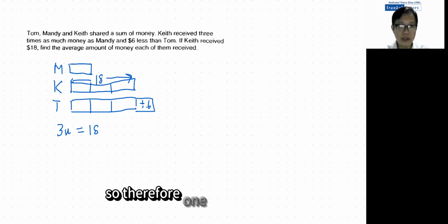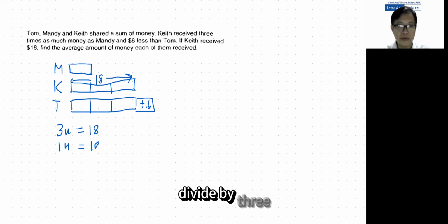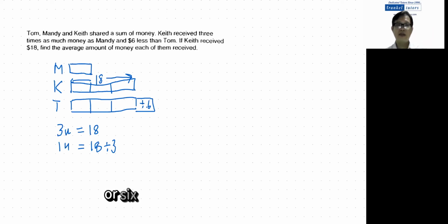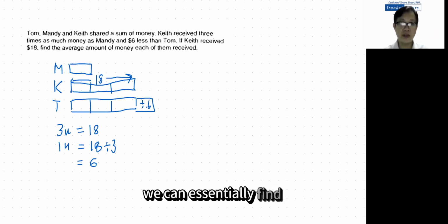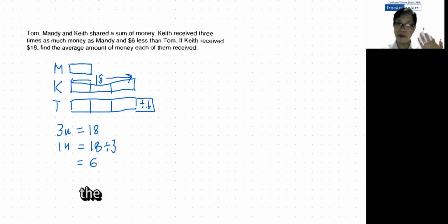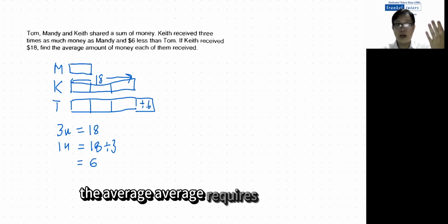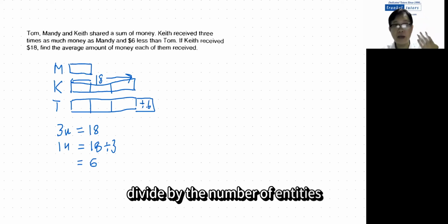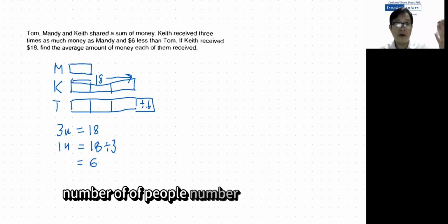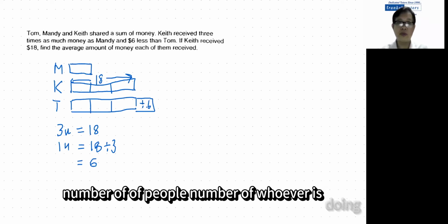So therefore, 1 unit must be 18 divided by 3, or 6. So once we know what 1 unit is, we can essentially find out what is the total amount of money. The average requires you to find the total divided by the number of entities, number of people, number of whoever is doing this.